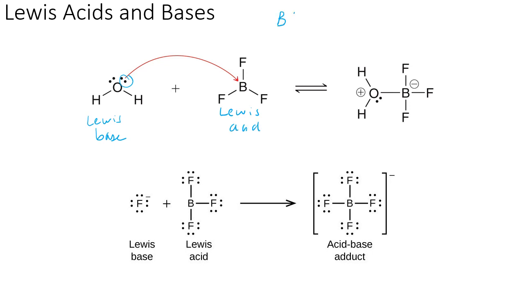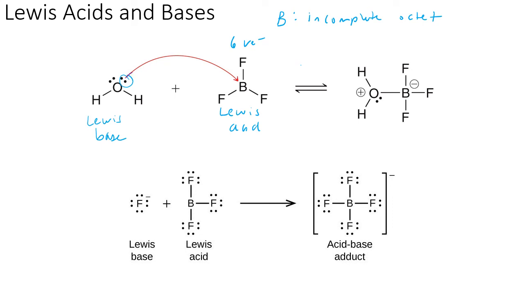Boron is actually one of those molecules that when it forms molecules, it can have an incomplete octet. So you might remember that sometimes you actually can have less than 8 electrons around something. So notice in BF3, boron only has 6 valence electrons around it, 2 from each of the covalent bonds. So it is something that can accept another 2 electrons around it to have a complete octet.